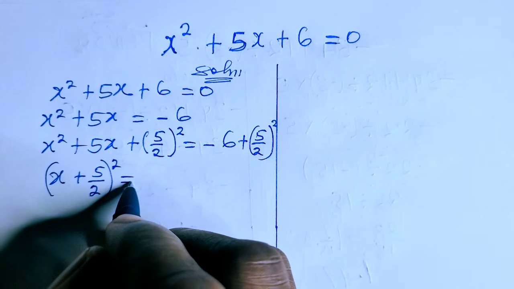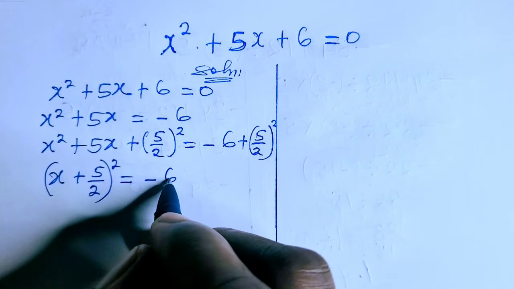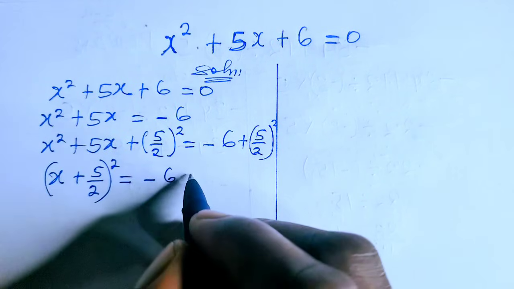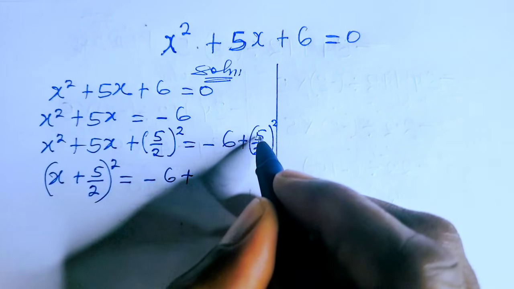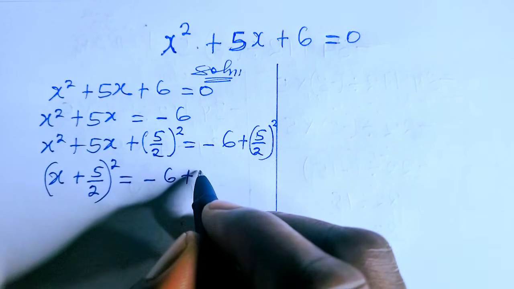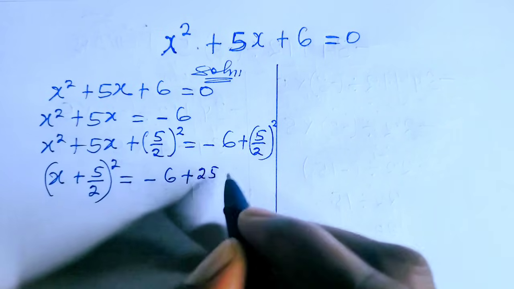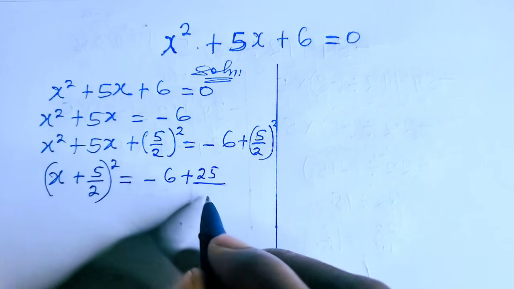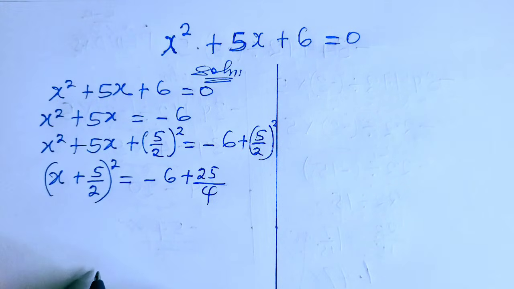This equals minus 6, then right here plus 5 to the power of 2, that will give us 25, then all over 2 to the power of 2, that will give us 4.